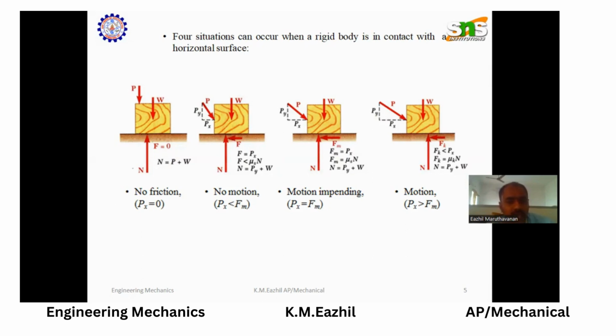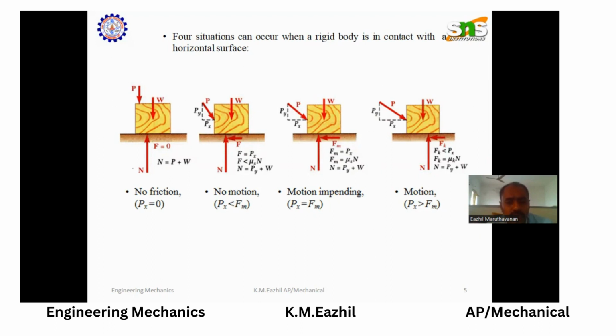Here the system is in static condition, so the F value will be lesser than the coefficient of friction into the normal reaction. The normal reaction N is equal to Py plus W, as we already saw that for the vertical reaction, sigma Fy is equal to N minus Py minus W. Here we get N is equal to Py plus W.